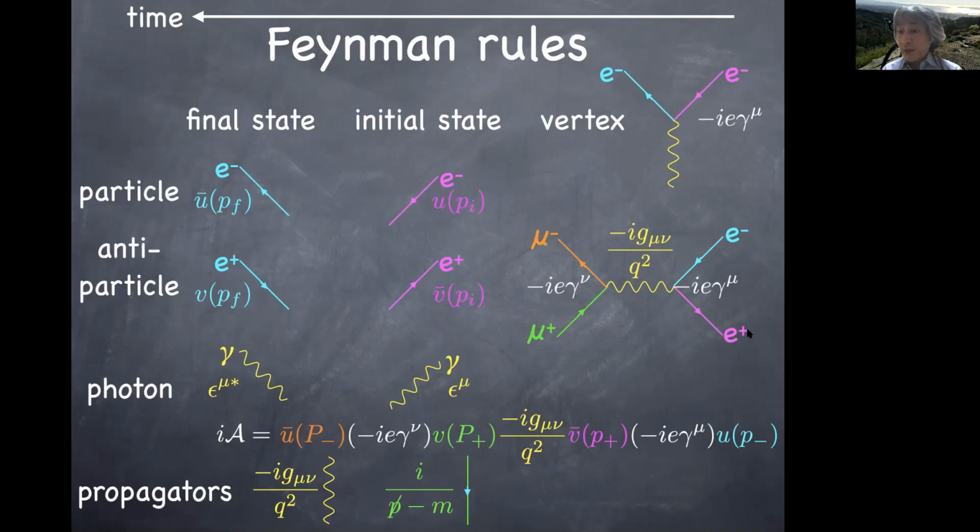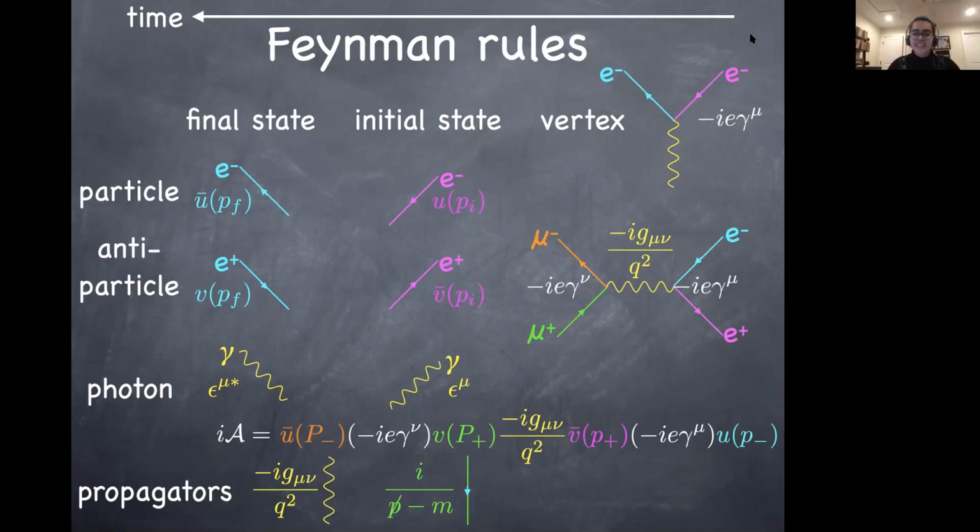Of course, the arrow going out in this case is still an initial state in terms of time, but in terms of the diagram, this is the arrow that goes out of the diagram, and that comes last. So you always follow the line of arrows for the fermions. You start with the incoming arrow, you end with the outgoing arrow, and keep everything in between. Does that answer the question?